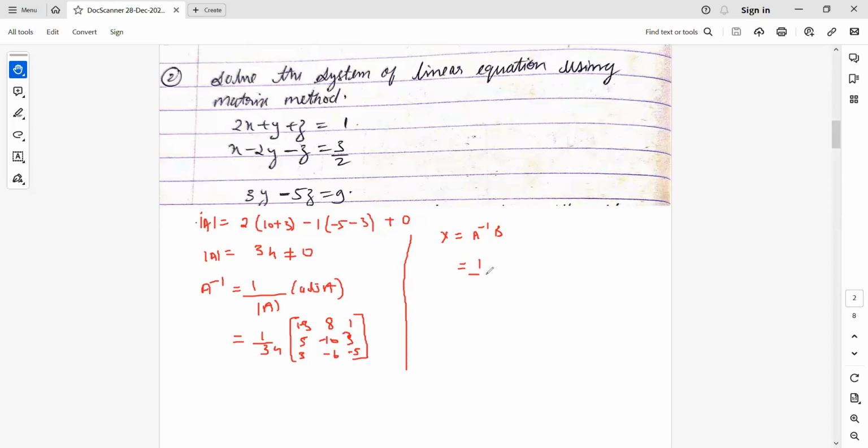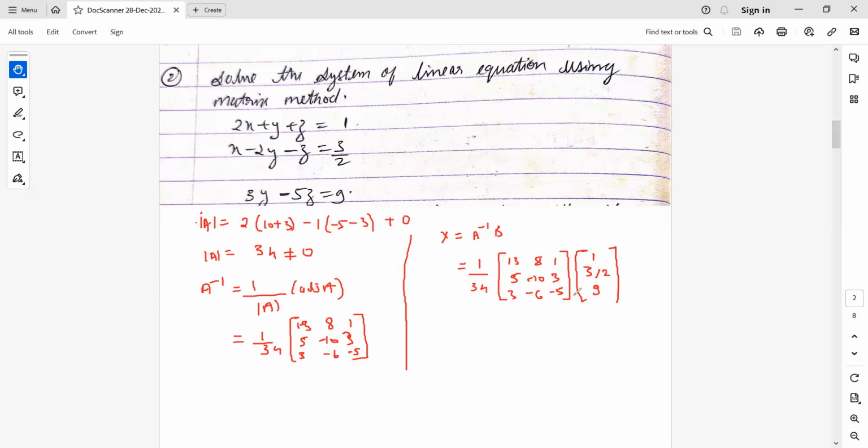A inverse is nothing but 1 upon determinant of A, that is 34, into 13, 8, 1, and next 5, minus 10 and 3, and then it is 3, minus 6 and minus 5. So we need to multiply this with matrix B. Matrix B we have found out it is 1, 3 by 2 and 9.